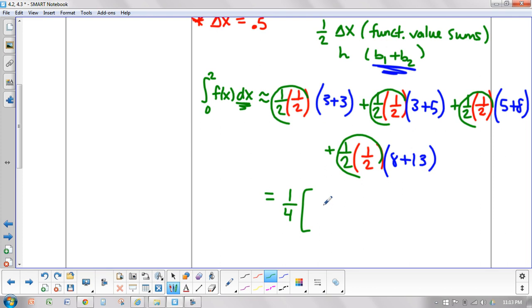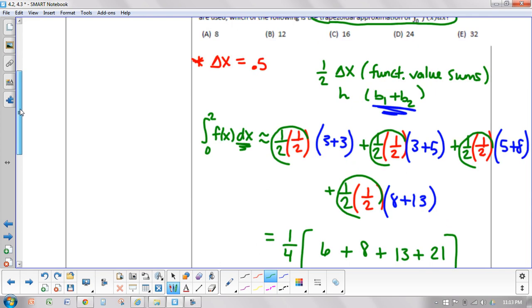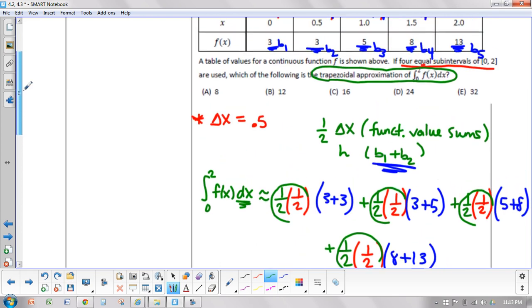And then what would be left is 3 plus 3, so 6, plus 3 plus 5, so 8, plus 5 plus 8, so 13, plus 8 plus 13, so 21, and it just makes your math easier. So you come up with a quarter times 48. So if we go check our answer choices, a quarter of 48, we see 12 is up there.